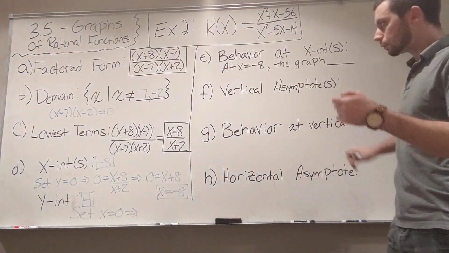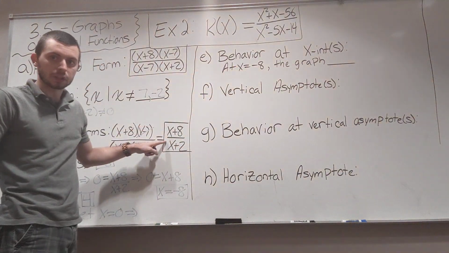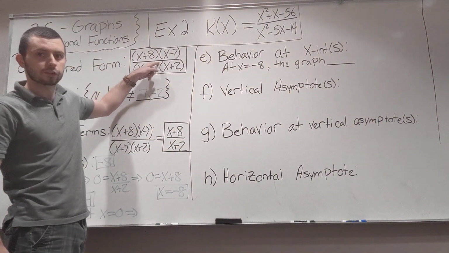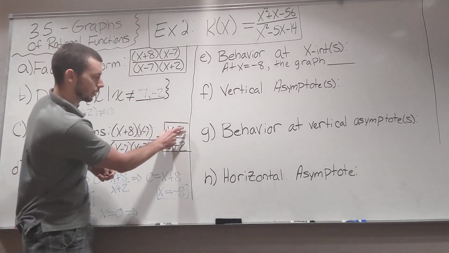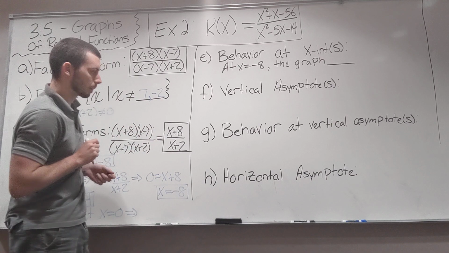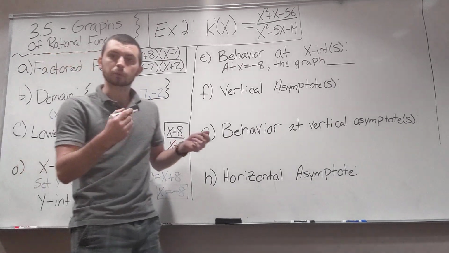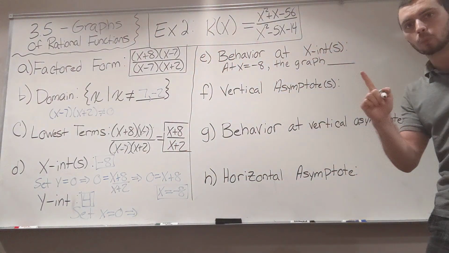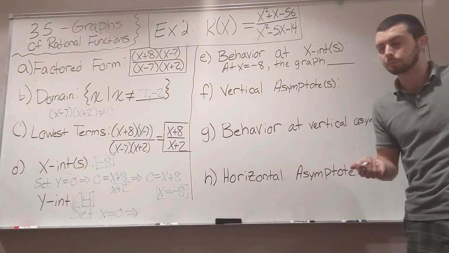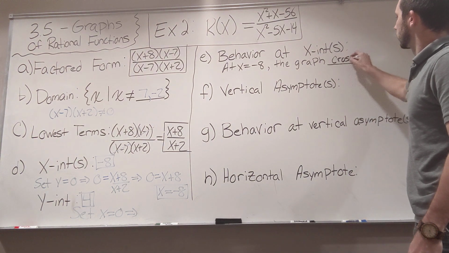Remember, the negative 8 came from this expression here, or equivalently this expression. The factor for negative 8 is this factor in the numerator, which has an exponent of 1, which means the multiplicity is 1. The multiplicity is 1, which is an odd number, which means that the graph crosses.